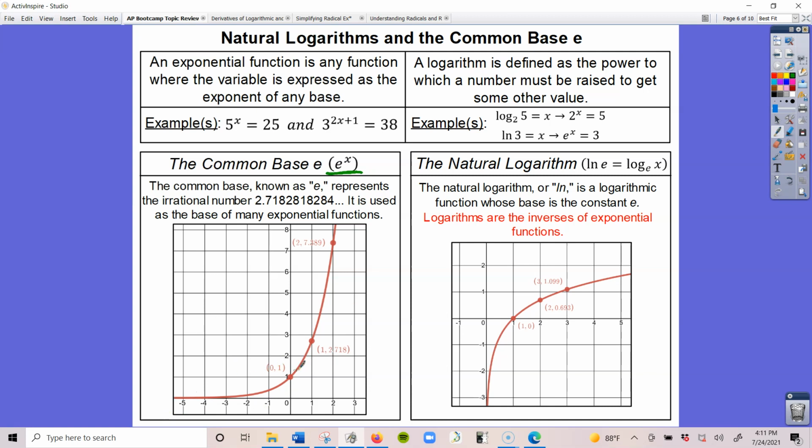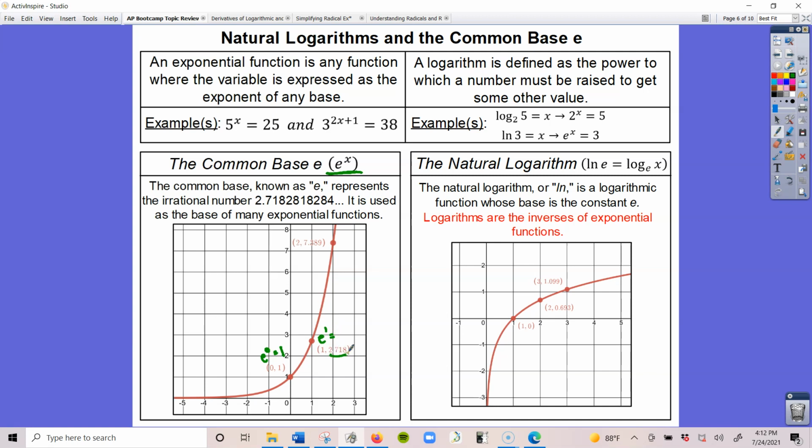Now, you'll notice I have some coordinates here. If x is equal to 0, then e to the x is equal to 1, because anything raised to a power of 0 is 1. Then this point here, (1, 2.718), is if x is equal to 1, so e to the first, which is just e.